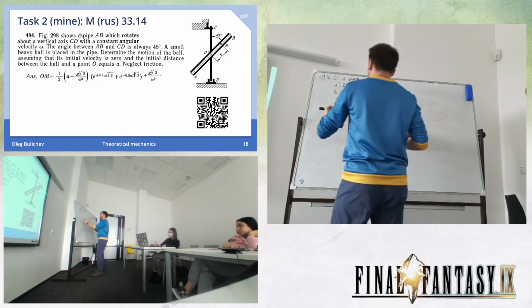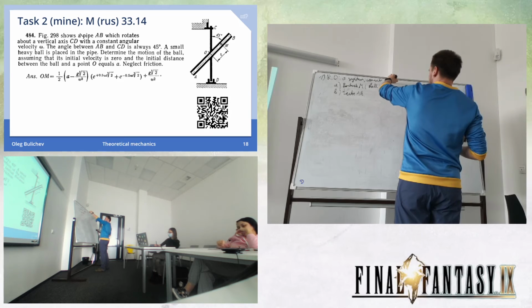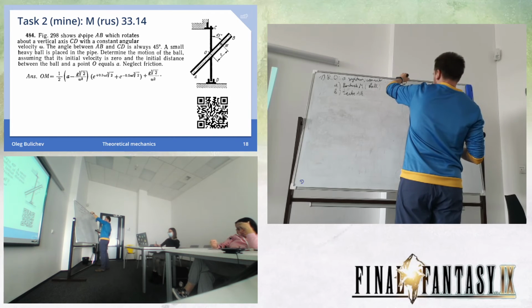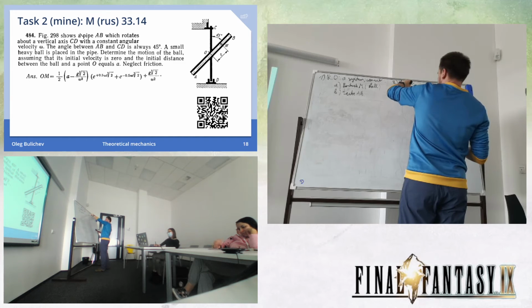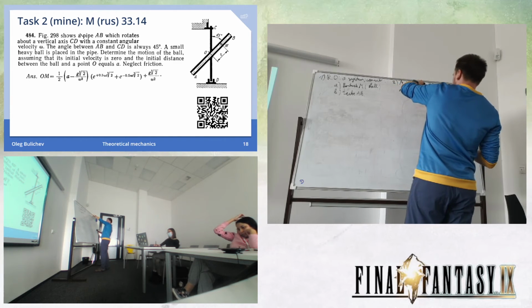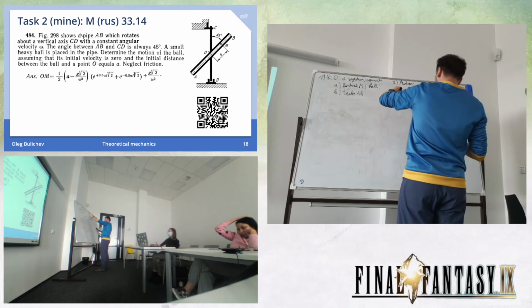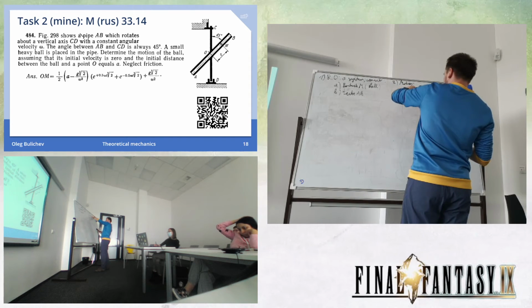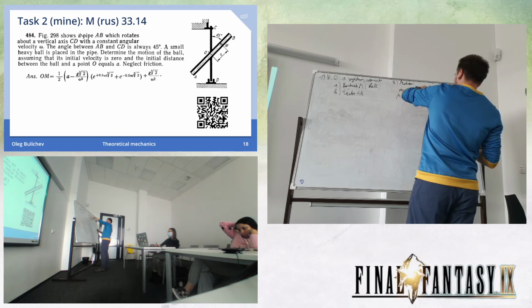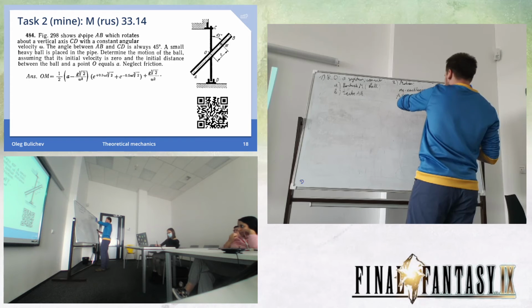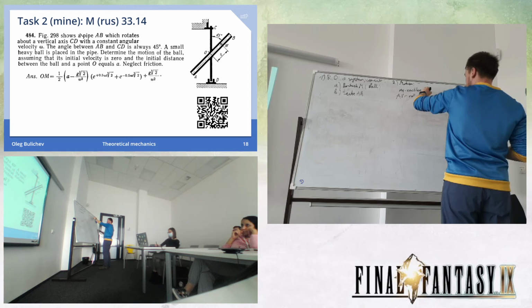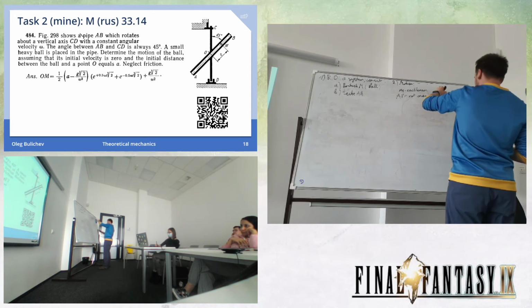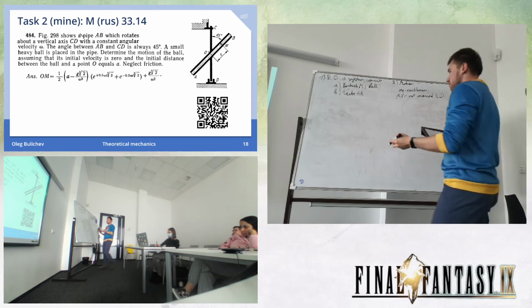Now we are talking about motion: M is rectilinear along AB, and AB is rotational around CD, but with conditions.